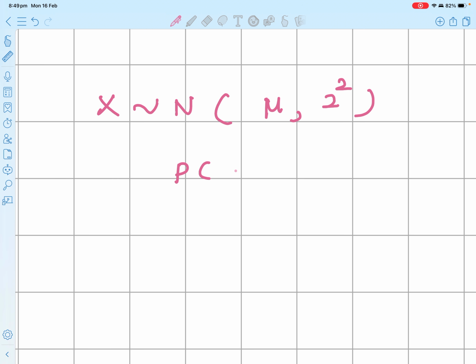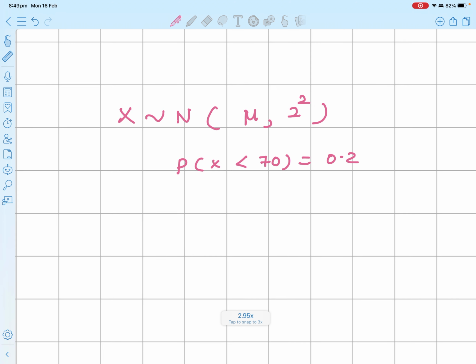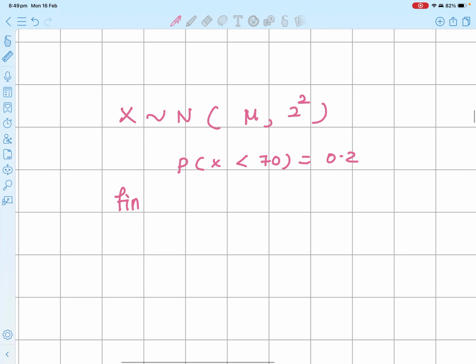So they will say probability of something being less than 70 equals 0.2. Find mu. Let's make it simple. Now the problem I have, I know the probability of this event happening. I know the standard deviation. So in the calculator, without mu, I cannot enter anything.